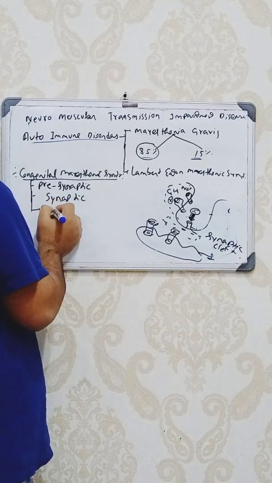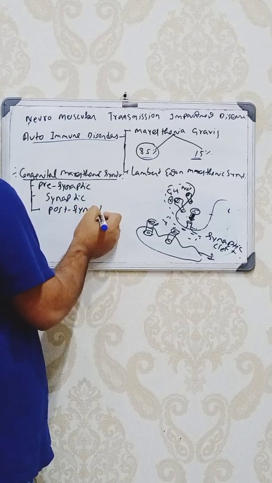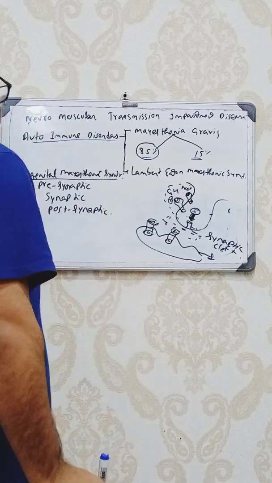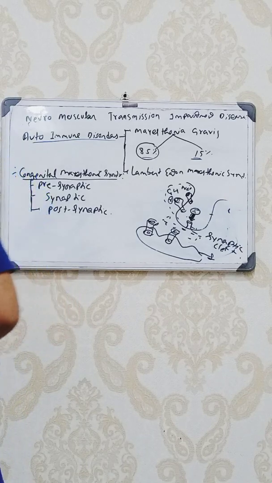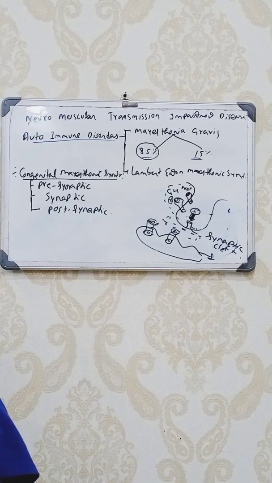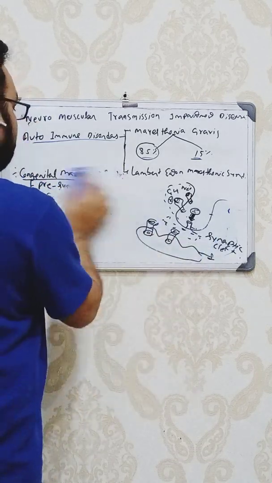And the third you can write the postsynaptic. These are the different types of the congenitals. Now we'll talk about the toxins. Hope you understood this part.